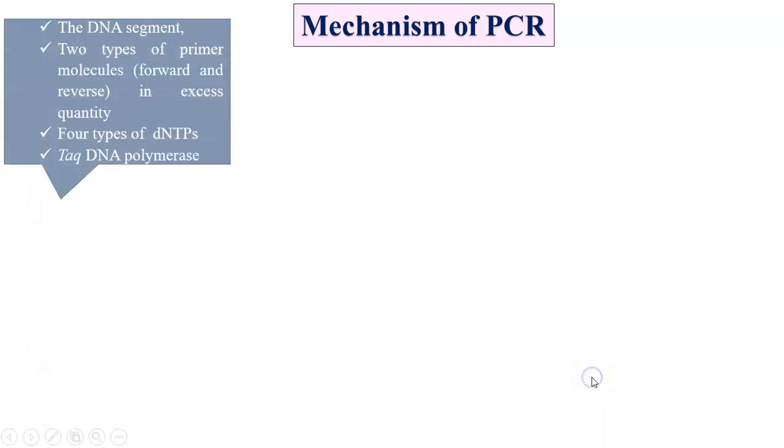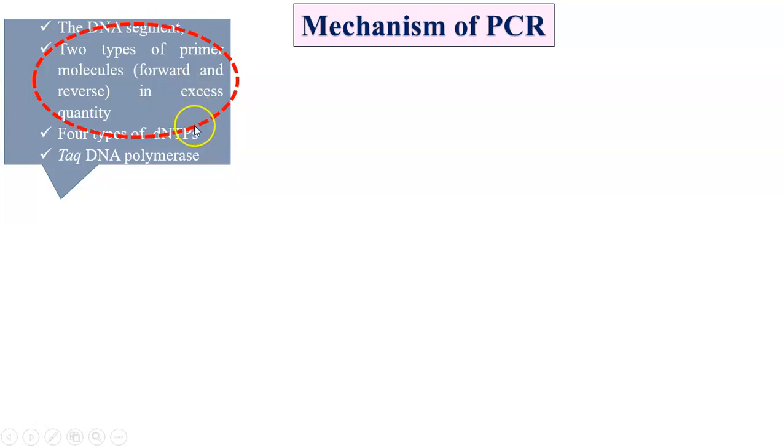Let us understand the mechanism of this polymerase chain reaction. The basic requirements of the PCR technique are the DNA segment that will undergo multiplication or amplification, then the primer molecules. Primers are small oligonucleotide molecules which contain 16 to 20 base pairs.